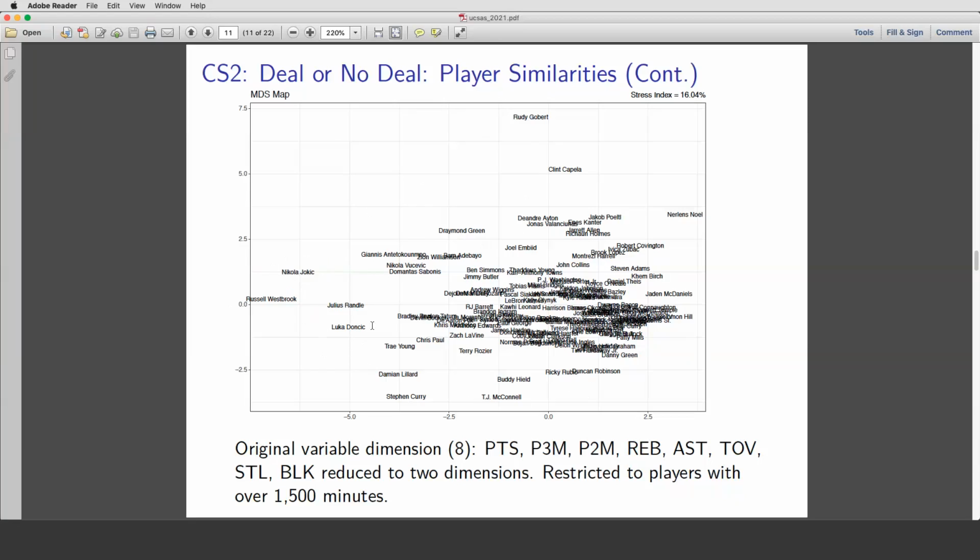You have like Luka Doncic, Steph Curry, etc. But you also have a different side of players that stand out, like Nerlens Noel, Rudy Gobert, Clint Capella. These are players that might be more focused on whether it's defense or they only shoot at the basket, or focused on rebounding, things like that.